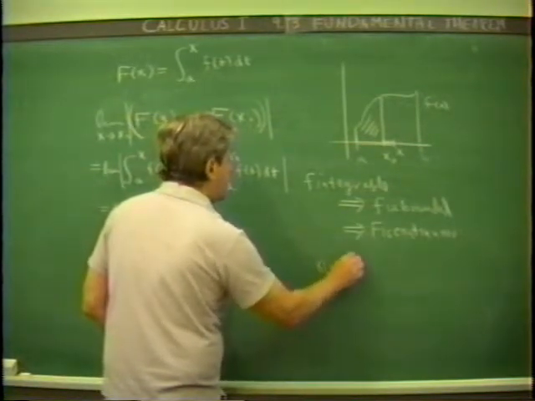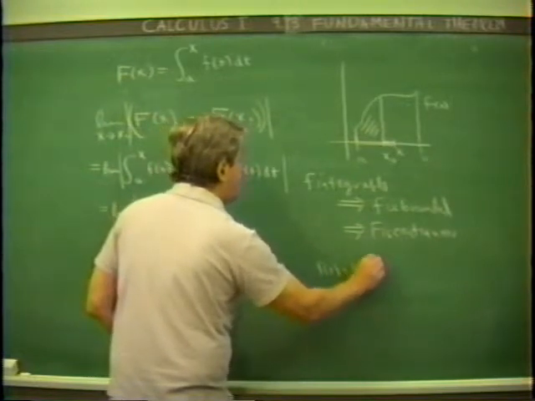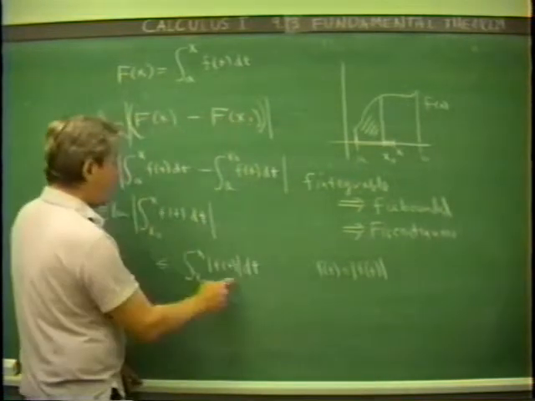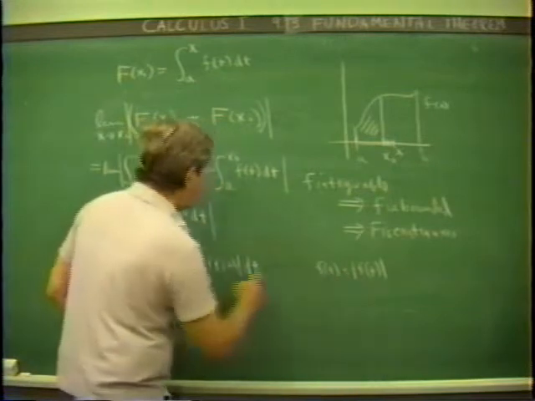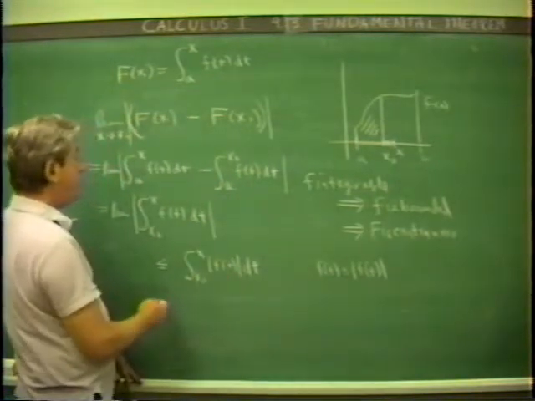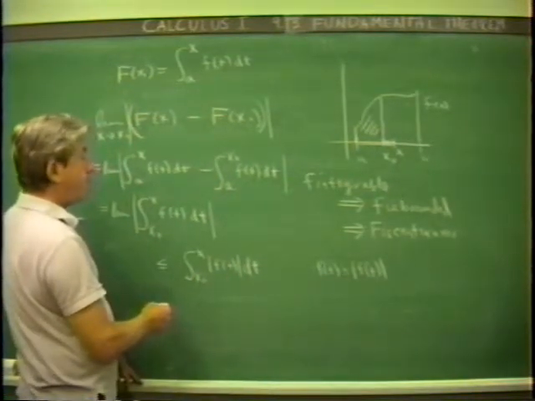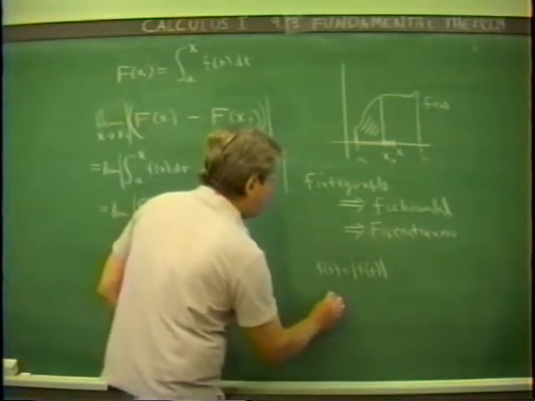Why? Because f of t is less than or equal to absolute f of t, and so the integral of f of t is less than or equal to the integral of absolute f of t.